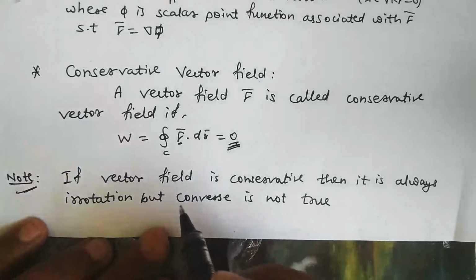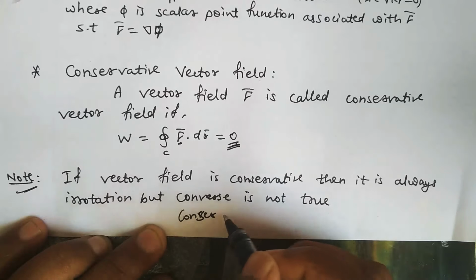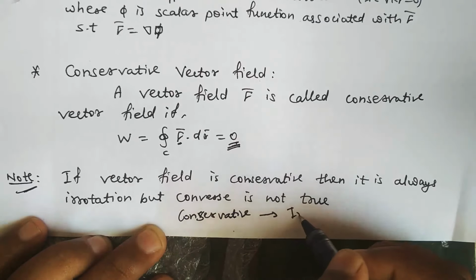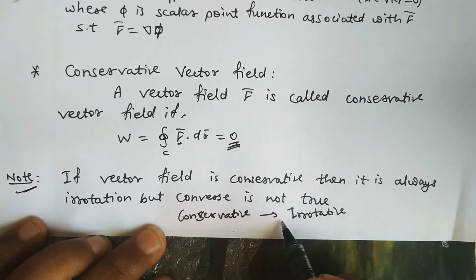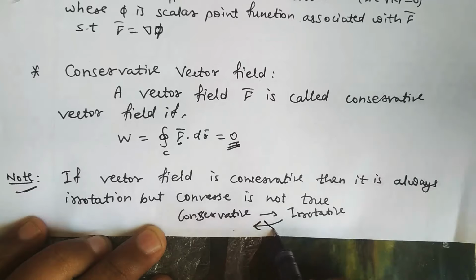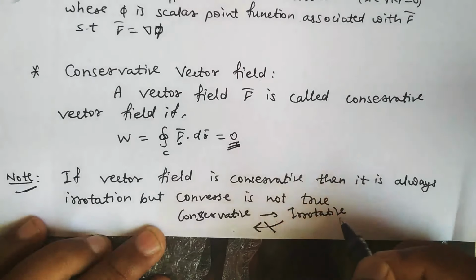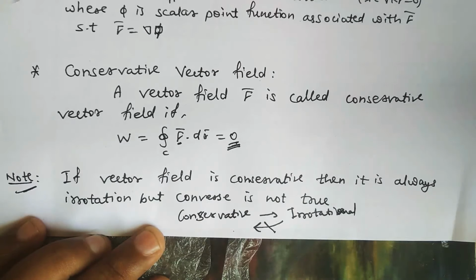That means conservative implies irrotational. Every conservative vector field is irrotational, but converse is not true.